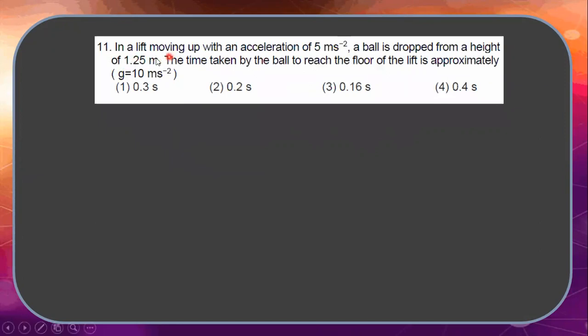In a lift moving up with an acceleration of 5 meters per second square, a ball is dropped from a height of 1.25 meters.